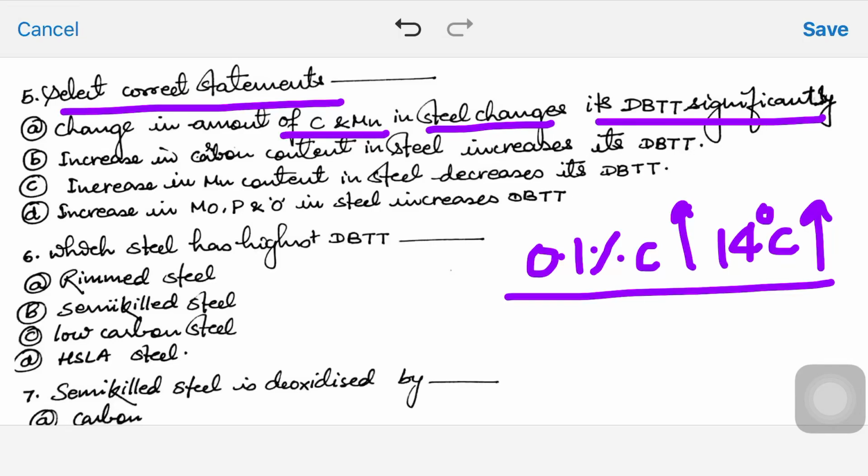Okay, so that is true. Second, increase in carbon content in the steel increases its DBTT. Of course it increases, as we know that 0.1% increase in carbon increases the DBTT by 14 degrees centigrade. More carbon means it is more brittle. Its DBTT is higher. Even at higher temperature, it can undergo brittle fracture.